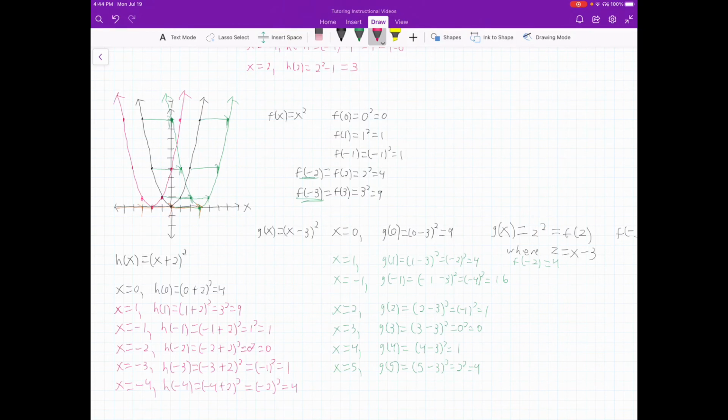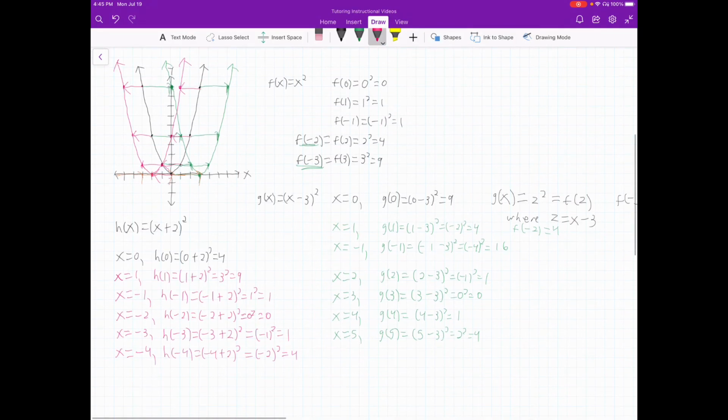So we see here, oh, sorry, no, I should say the opposite. To get to each of these h values, we're translating the graph of f, in this case 2 to the left, to get each h point. And it's sort of the opposite logic with that.